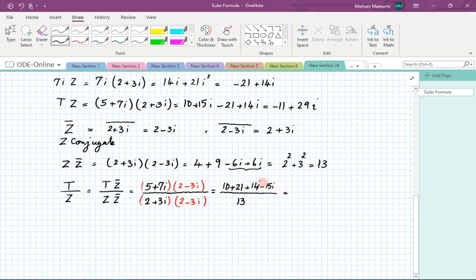So that becomes 31 minus i, over 13. If you want to insist on what is the real part and what's the imaginary part, you can write this as 31/13 minus 1/13 of i. So this fraction is the real part of it, and that fraction is the imaginary part of it.